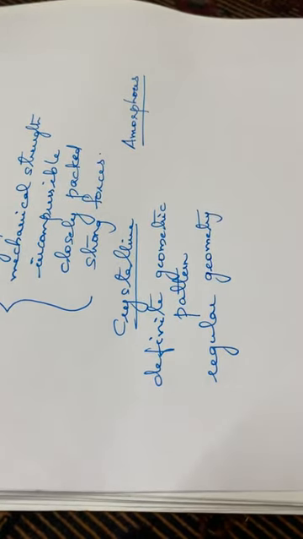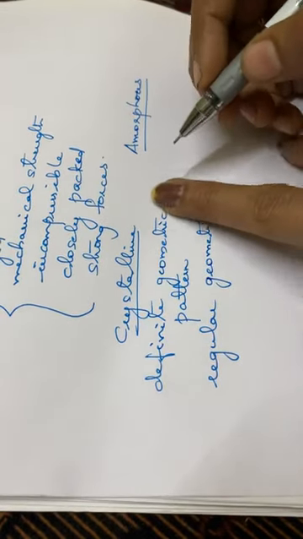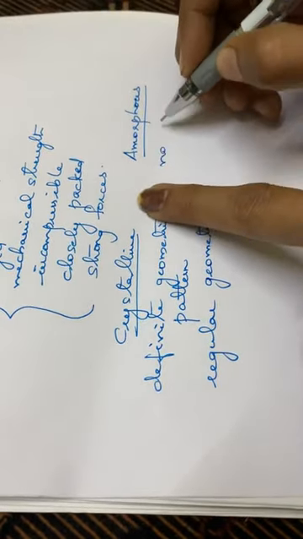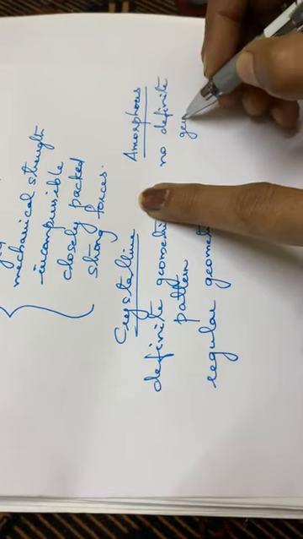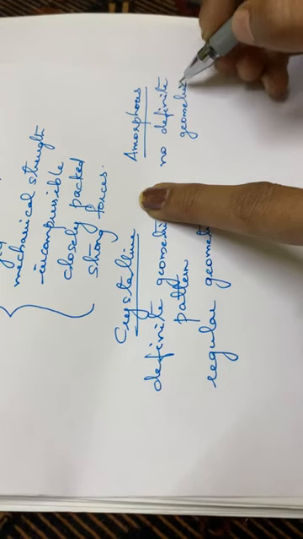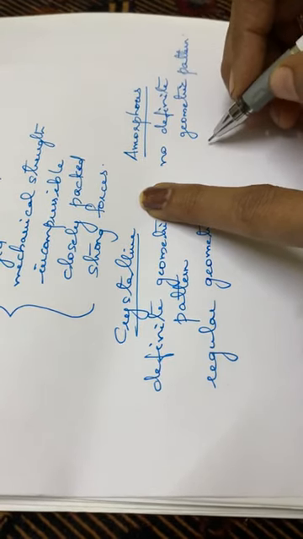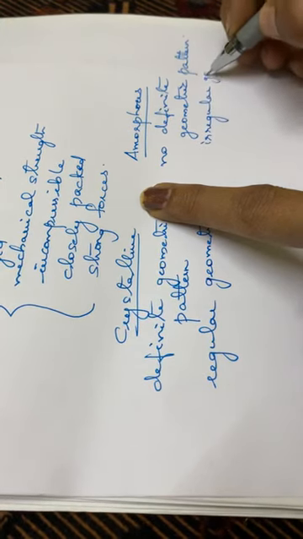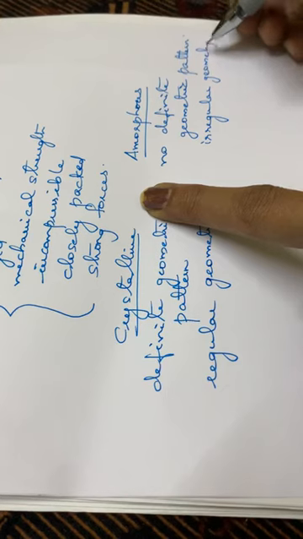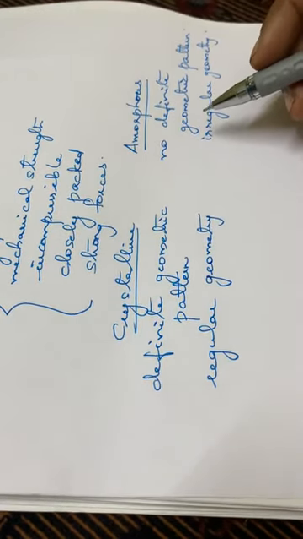In the case of amorphous solids, it is just the opposite. They have no definite geometric pattern, and usually do not have a regular geometry, but an irregular geometry. So these are the two types of solids.